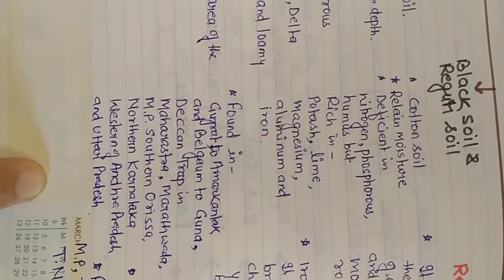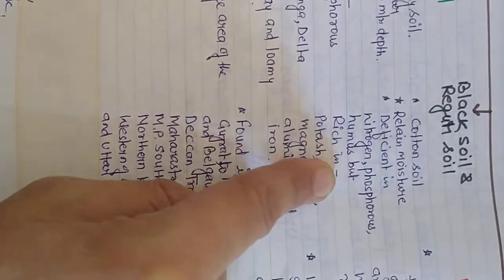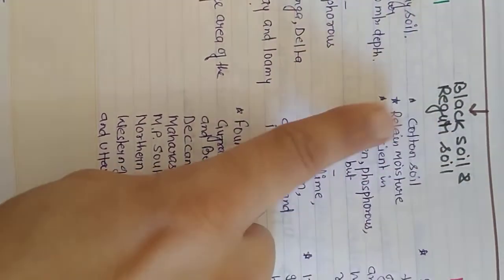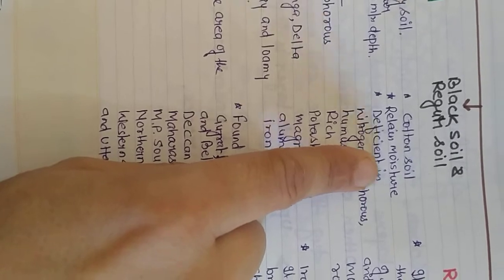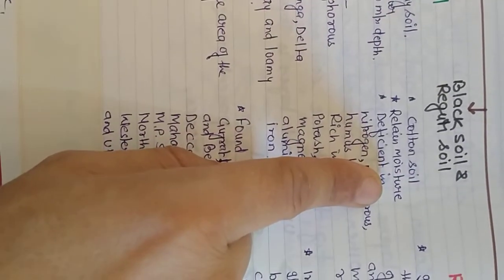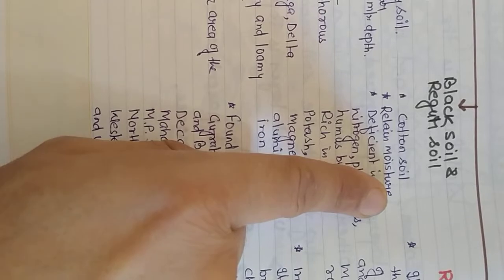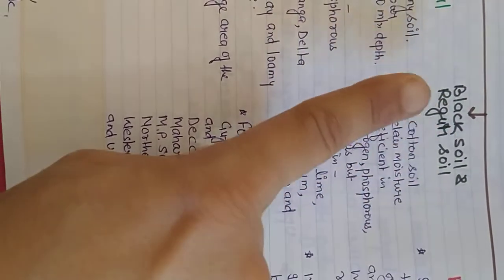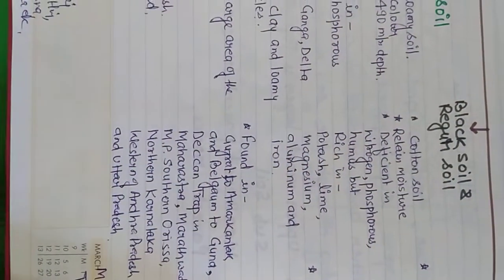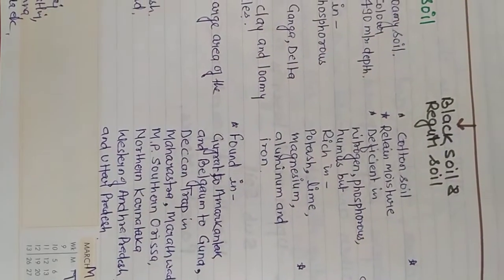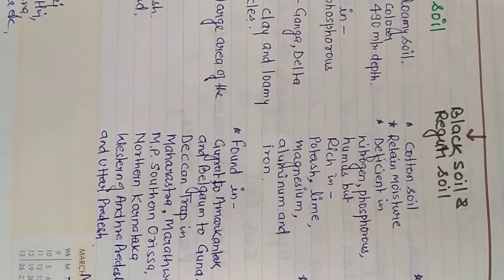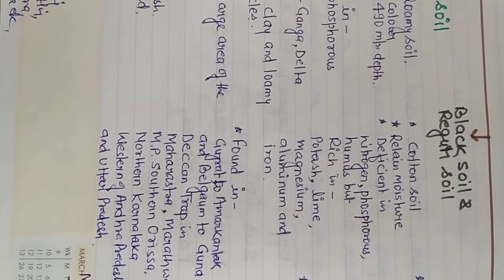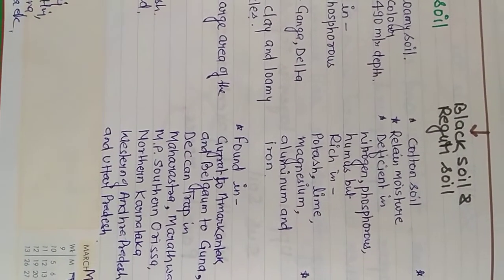For the purpose of growing cotton, this black soil is very important. So in general, we can say the cotton soil or black soil or regur soil is very important for the growing of cotton.